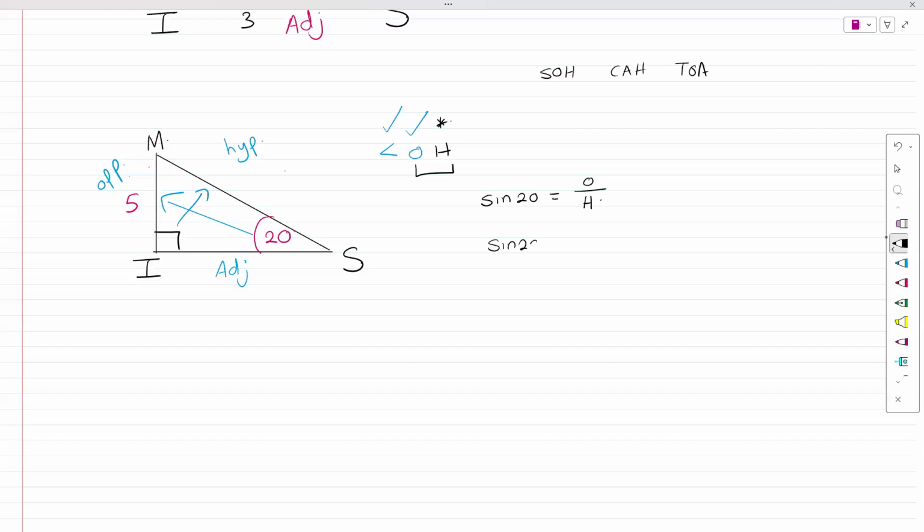Sine of 20 equals opposite, which is 5, over H. How would we solve this? I forgot. No problem. I'll help you with this.